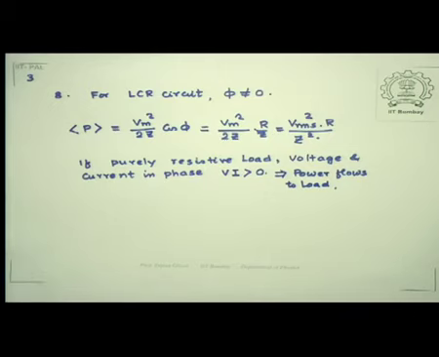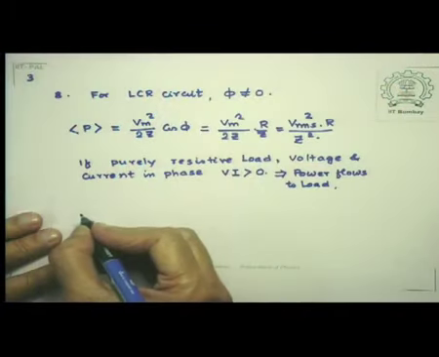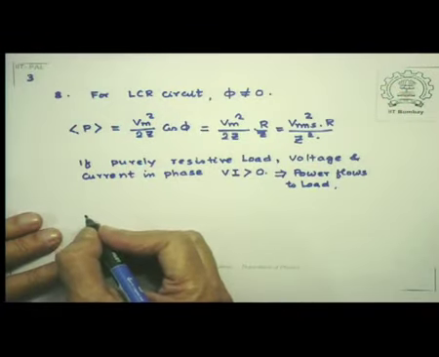Now notice that since both voltage and current vary sinusoidally, if they are not exactly in phase, then in some part of the AC cycle, V times I will become less than 0.